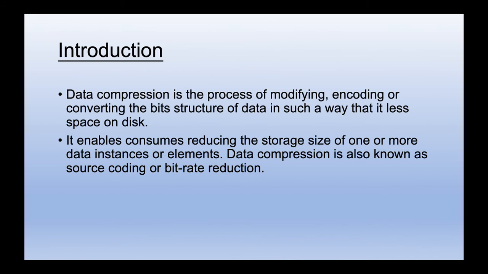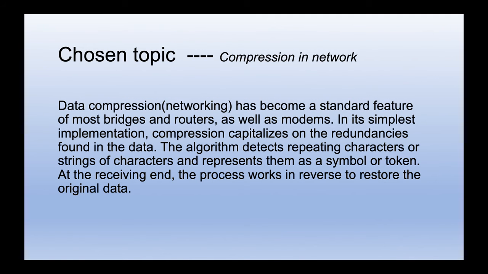Data compression is the process of modifying, encoding, or converting data structure in such a way that we achieve less space on disk. It also enables consumers to reduce the storage size of one or more data instances or elements. Data compression is also known as source coding.